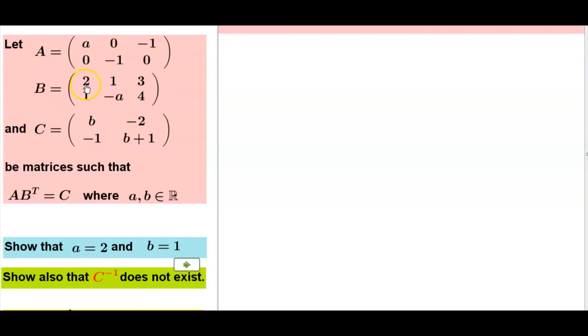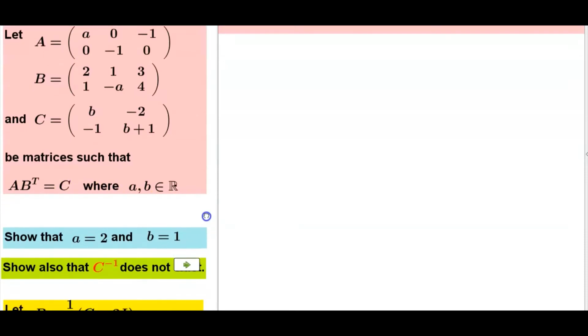Matrix B: first row 2, 1, 3; second row 1, minus A, 4. And matrix C: first row B, minus 2; second row minus 1 and B plus 1. The matrices are such that A into transformation of B is equal to C, where A, B belong to real numbers.